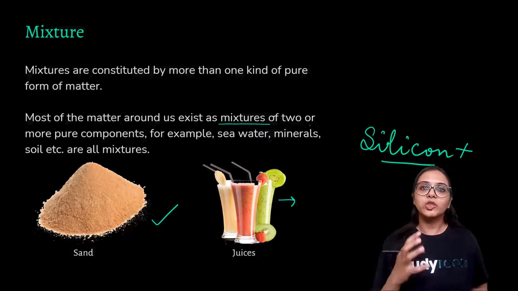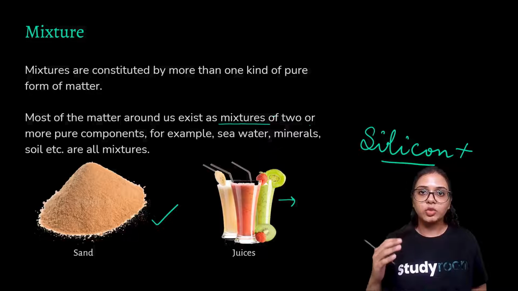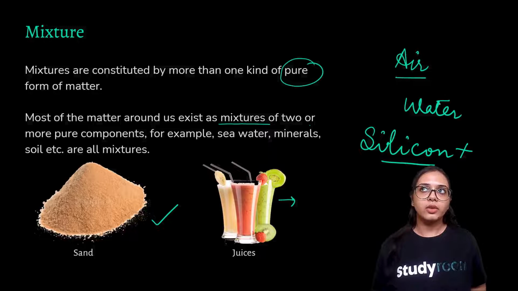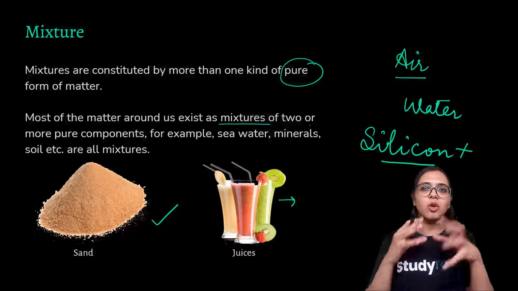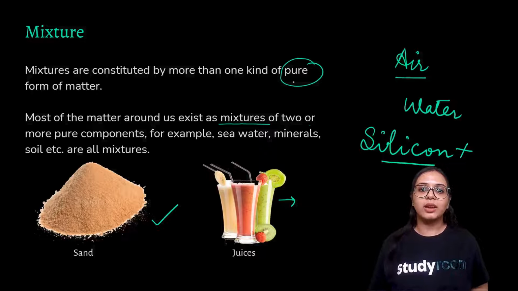Why? Because it is actually very difficult to obtain a substance which is in its pure state. It's very difficult to obtain a form of matter in its pure state, because everything around us is basically reacting with one form or the other. In air, you have different gases present, then there is water, then there are so many things, and all these types of matter are in a constant flux and constant reaction with each other, and because of that, it is difficult for us to obtain pure substances.